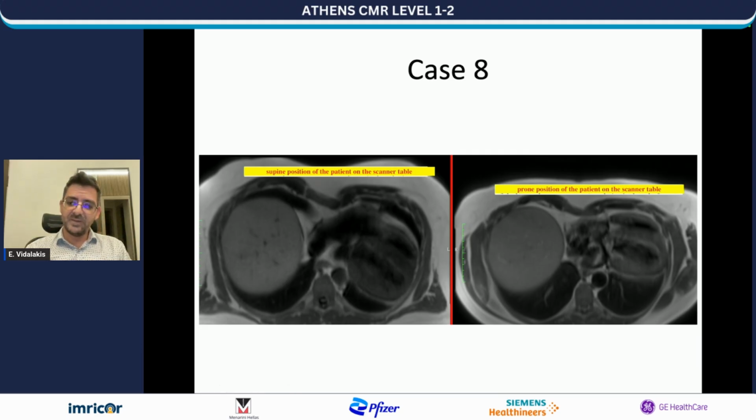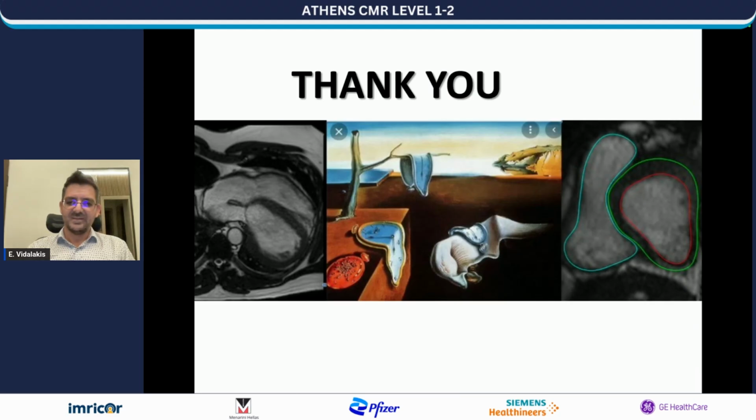And we took another picture, and as you see, the heart moves a lot. From this side, when the patient becomes prone, it moves here. So we can say that this patient has no pericardium. And this image reminds me a lot of Dali's picture.